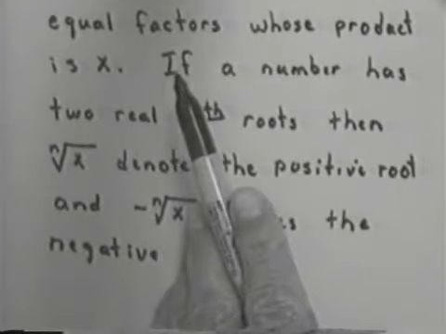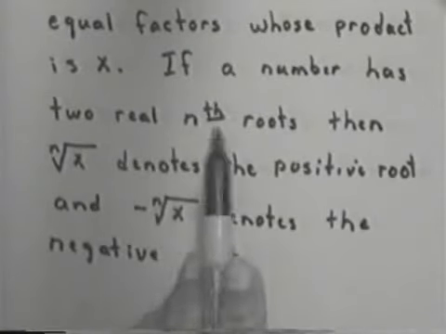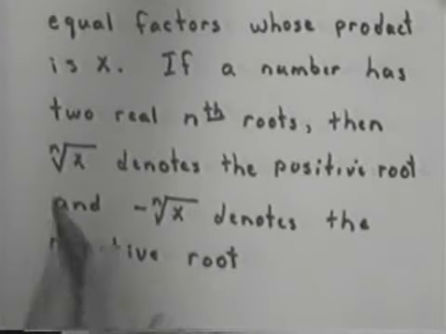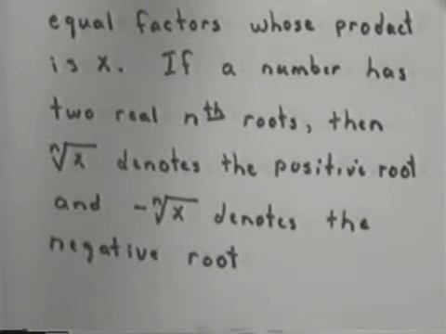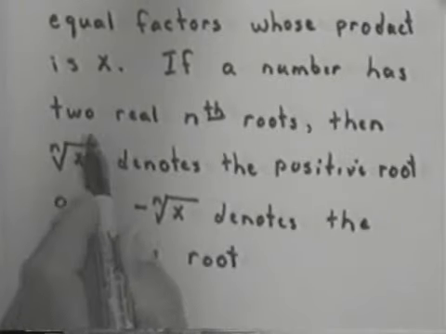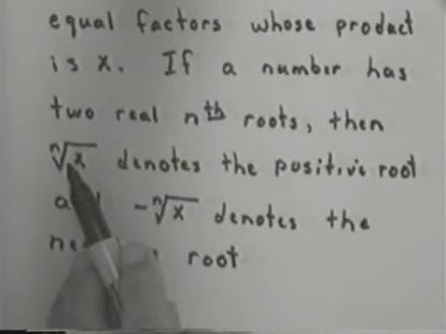Now this last one, again, is important, so I'm going over it. If a number has two real nth roots, then this symbol denotes the positive root and this symbol denotes the negative root. Now that's only when the number has two real nth roots. Now if there's only one real nth root, then this symbol denotes the only one you have.